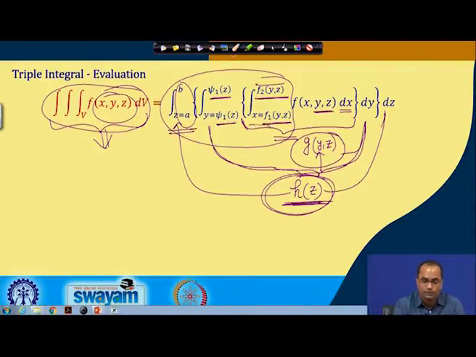So, the inner one, when we are integrating with respect to x, the limits can be functions of y and z, both the lower and the upper one. After this integration, x is removed, we have a function of variables y and z, and then we integrate with respect to y.